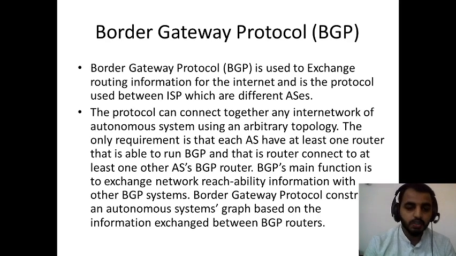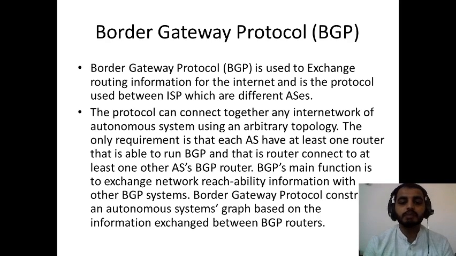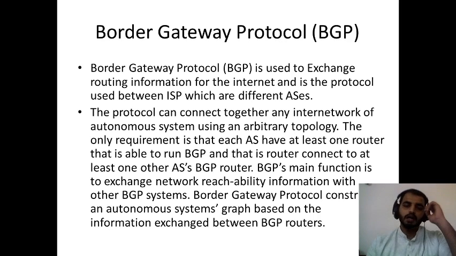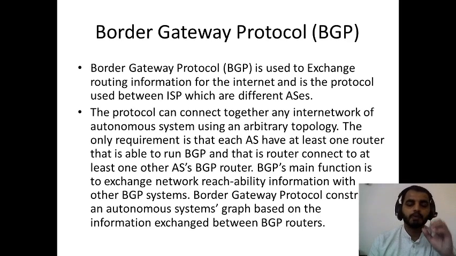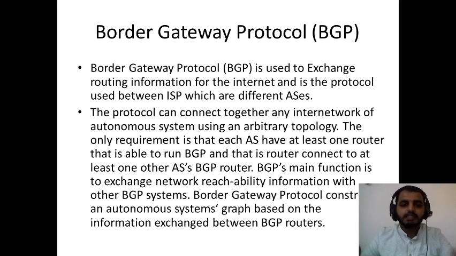BGP's main function is to exchange network reachability information with other BGP systems. Border Gateway Protocol constructs an autonomous system graph based on information exchanged between BGP routers. This sounds quite textbook, so let me make these things very simple.